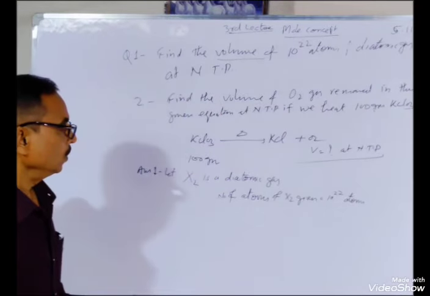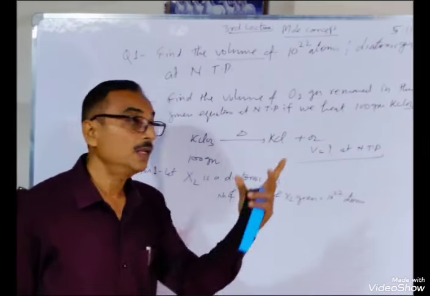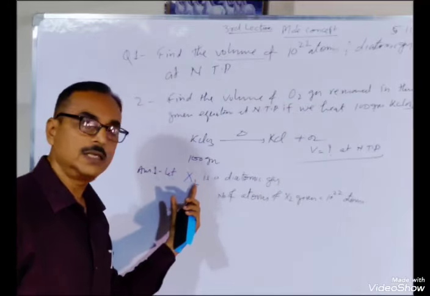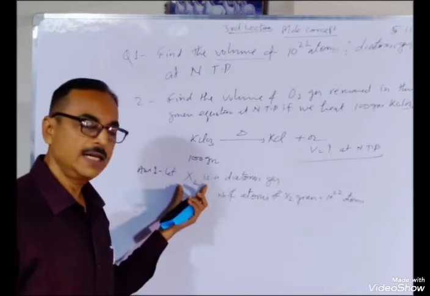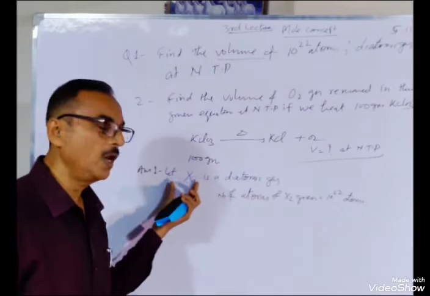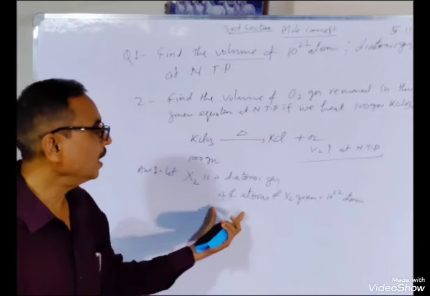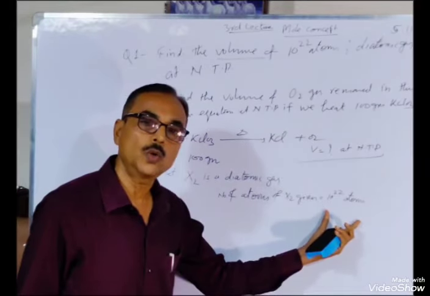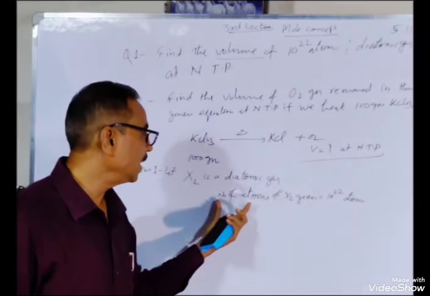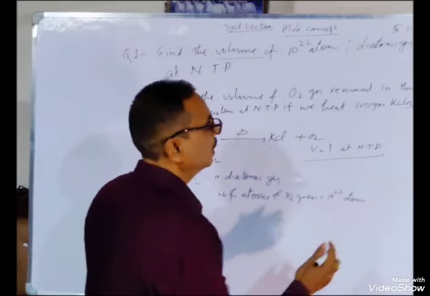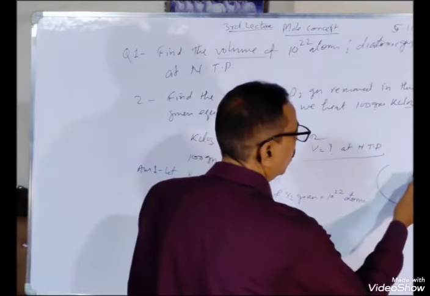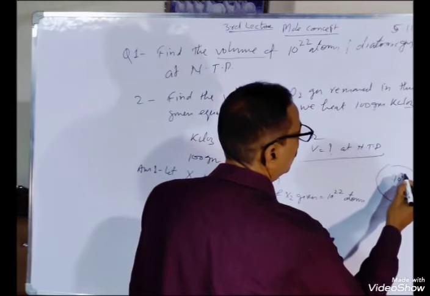So there are two pieces of information given in this numerical. First, a diatomic gas. Let X be a gas, so the formula is X2. And second, 10 की power 22 atoms of this gas is put in a closed vessel.